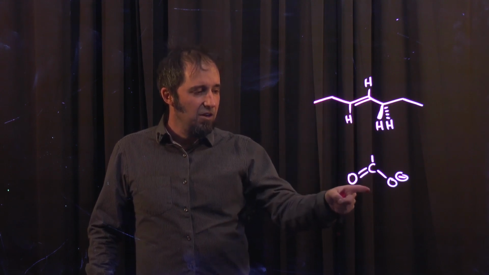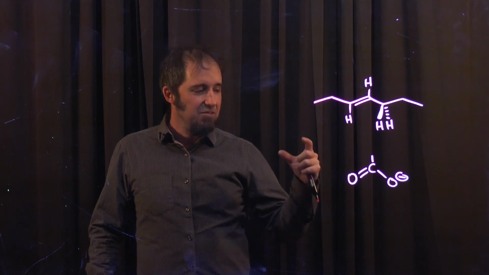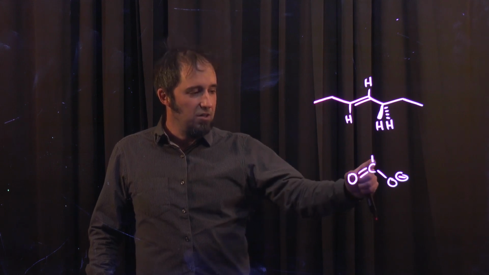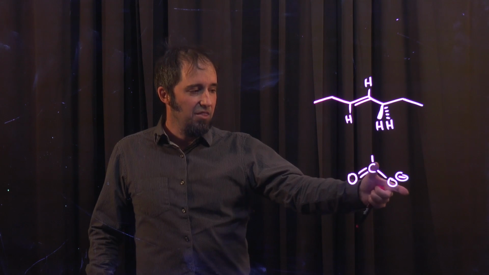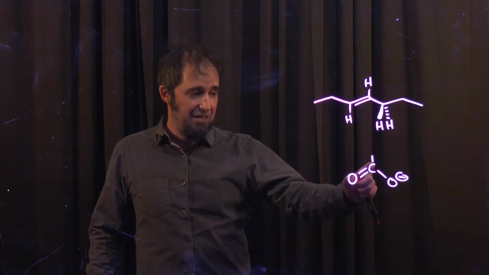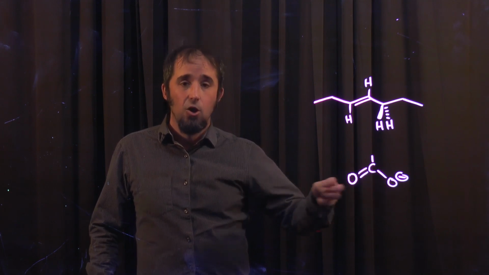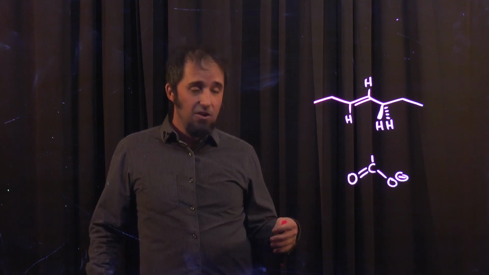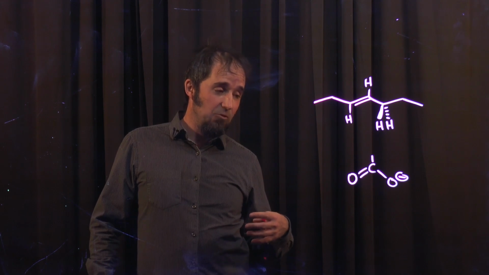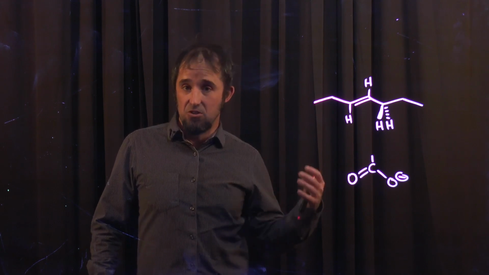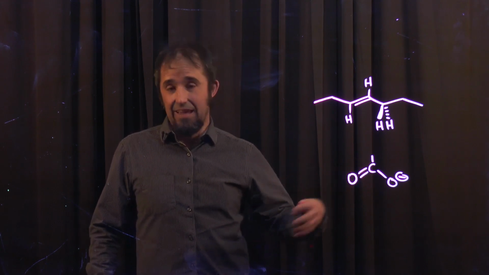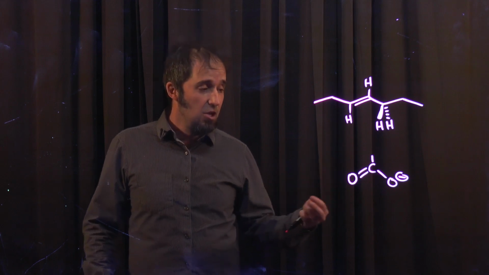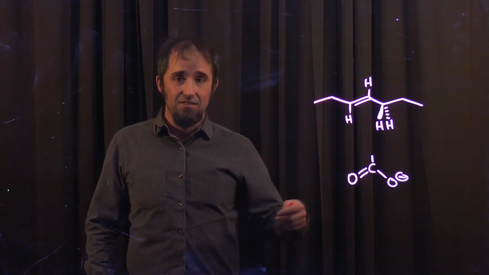But here in this CO2 minus, even though it looks like we should see one CO bond shorter than the other one, because this one is drawn as a double bond and this one is a single bond, we would not. To say it a different way, what we see in crystal structures of compounds like this, like proteins, lots of other things, is that those CO bonds are identical.